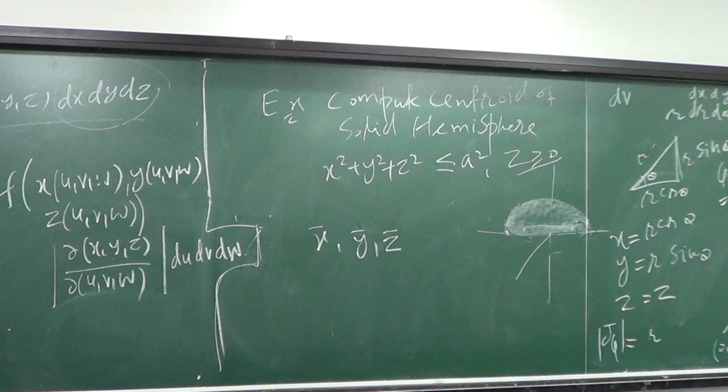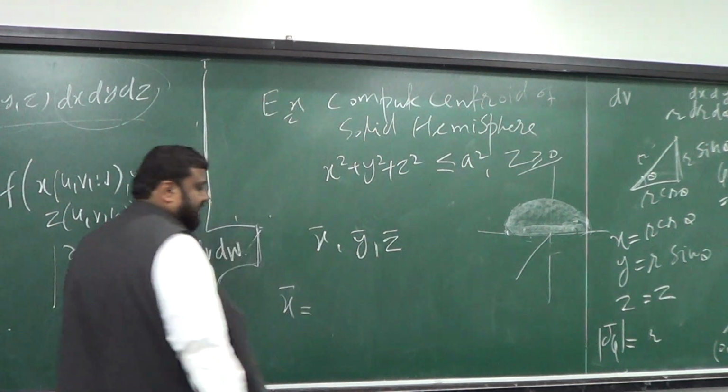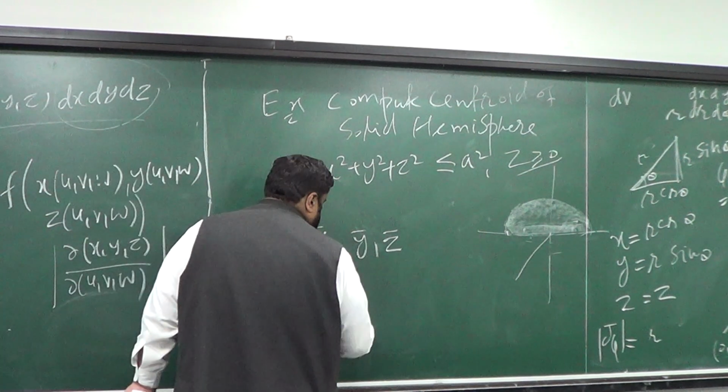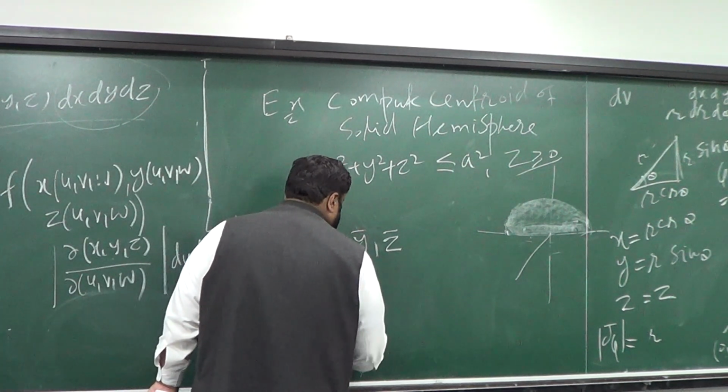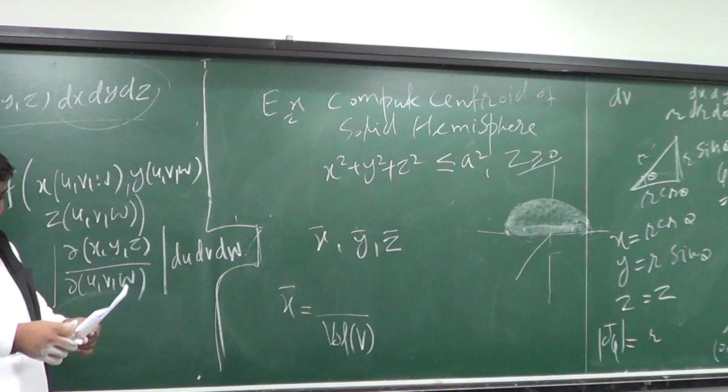1 over m. What should be in the place of 1 over m here? You're going to calculate the volume. So take the volume V. But volume of what?